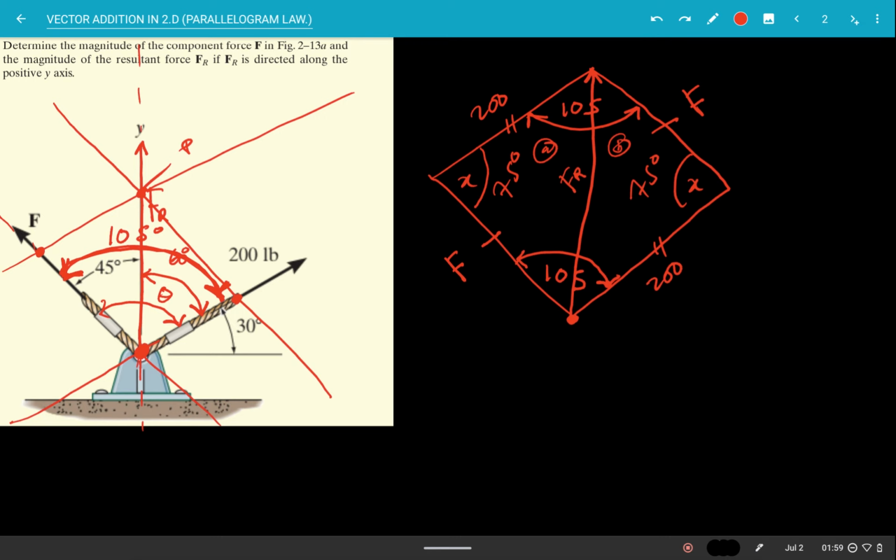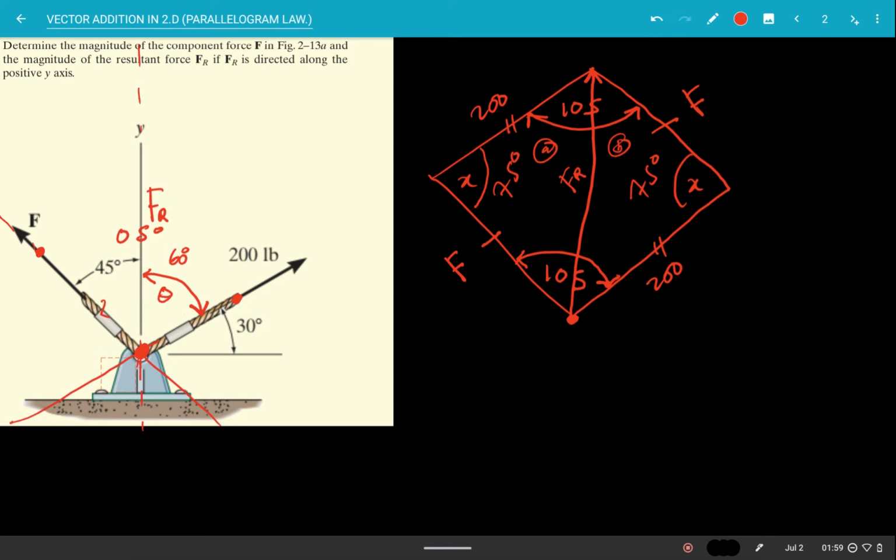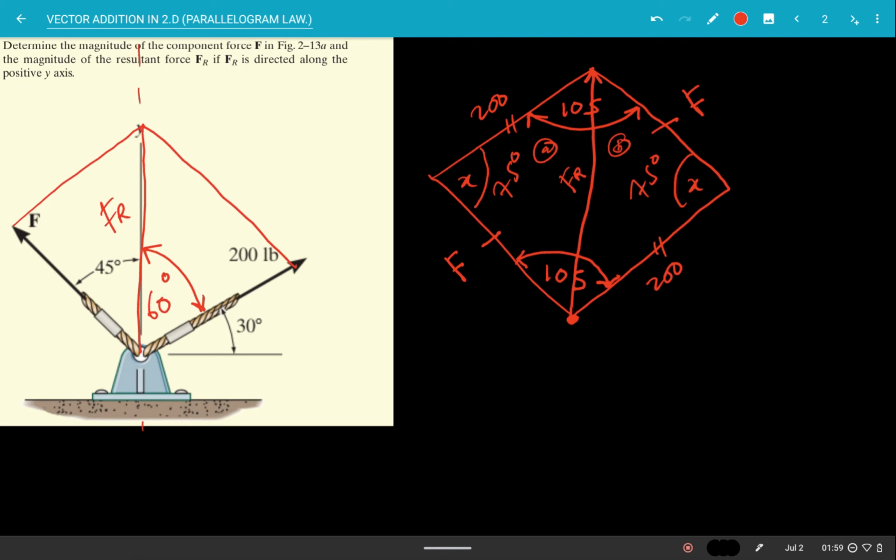So in our drawing, let me just clean it up a bit like that. We're having this, this is our resultant line. We found this angle to be 60 degrees.